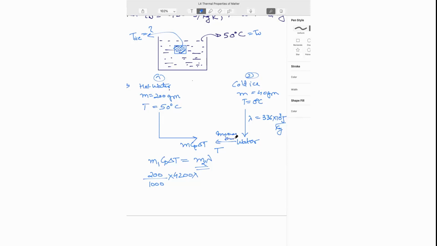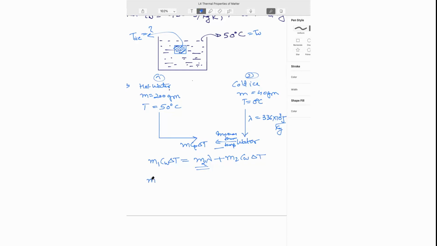Then this will become m1 Cp dt equals m2 lambda plus m2 C water delta T. For this case, the final temperature is, let's say, theta.